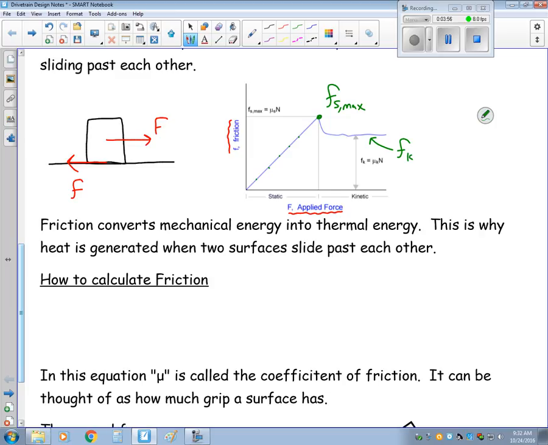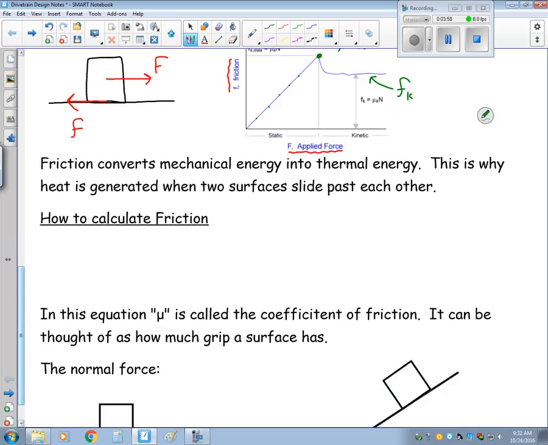The way we calculate friction doesn't depend on whether it's static or kinetic. Friction equals the coefficient of friction, a number you'd look up that is unitless, times the normal force acting on the object. Normal forces can be a little tricky. Basically, a normal force is a surface pushing up against an object.